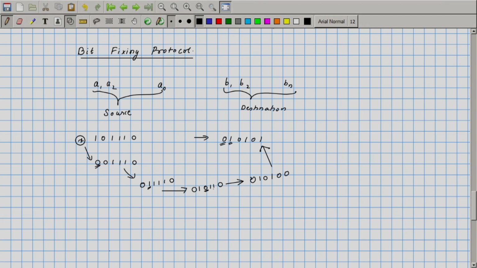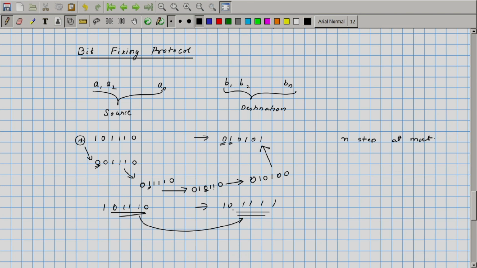So, if x was the single packet which had to be routed, we could do it via these steps and that would take only n steps at most. For example, if it was 1 0 1 1 1 0 to be sent to 1 0 1 1 1 1, in the first step itself we can just send it, because the source and destination nodes differ in just one bit position.